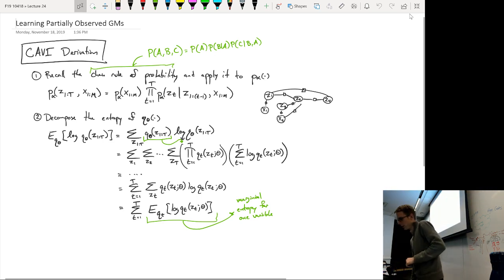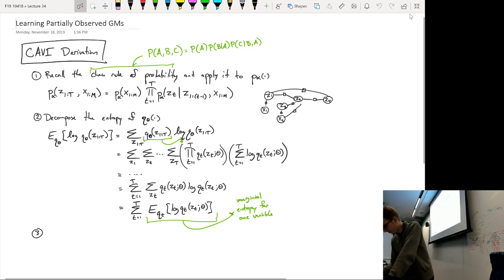And so here, we can now take these two pieces together and decompose the actual ELBO. Okay. So what does that look like? Well, I guess I should be careful here.